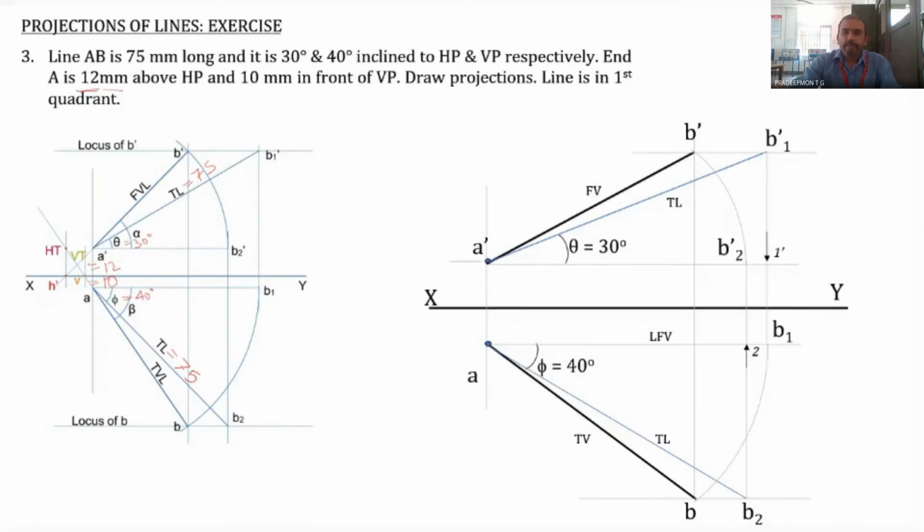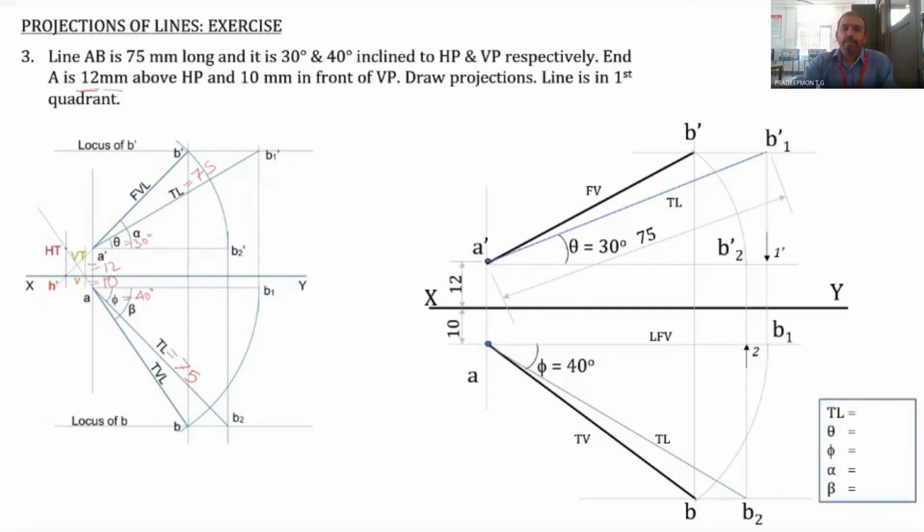And then finally mark the dimensions 12 and 10. The angles theta and phi are already there, and the true length also has to be marked, the true length line, like this, 75. Only one true length is enough; the second one is not necessary.